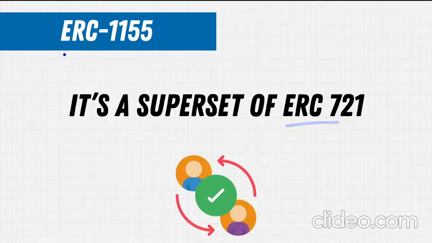ERC-721 can't support ERC-1155, but ERC-1155, the smart contract type, can support assets of this type. And so with that, what you need to know here is that this is the current standard. This is where it started. This is where it's going. And by knowing that, you can deep dive a bit deeper into all of the aspects that go into it.